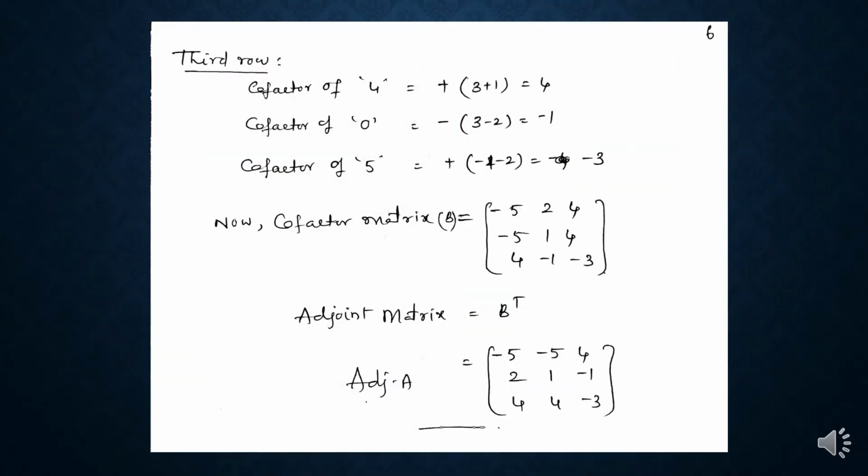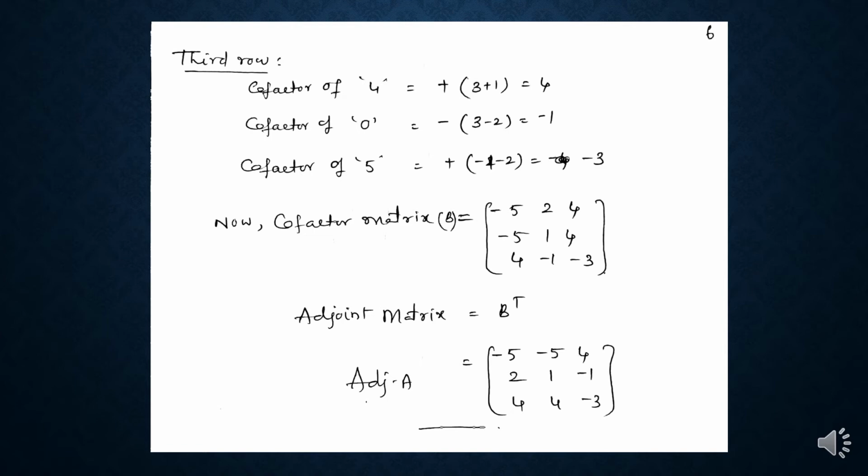Next, by taking the third row, cofactor of 4 is equal to plus into 3 plus 1, that is equal to 4. And cofactor of 0 is, by taking the determinant 1, 1, 2, 3, that is 3 minus 2.